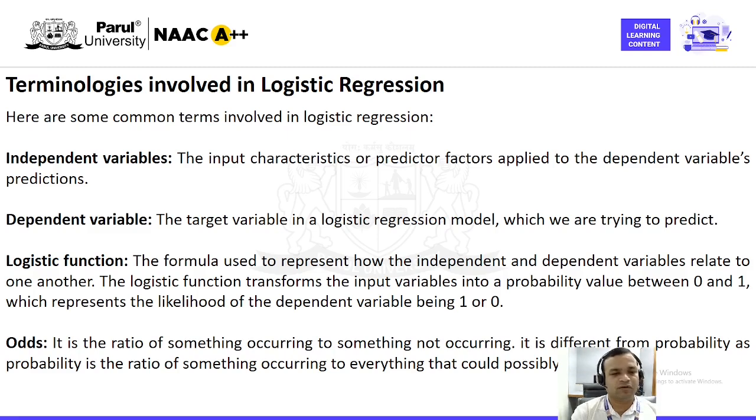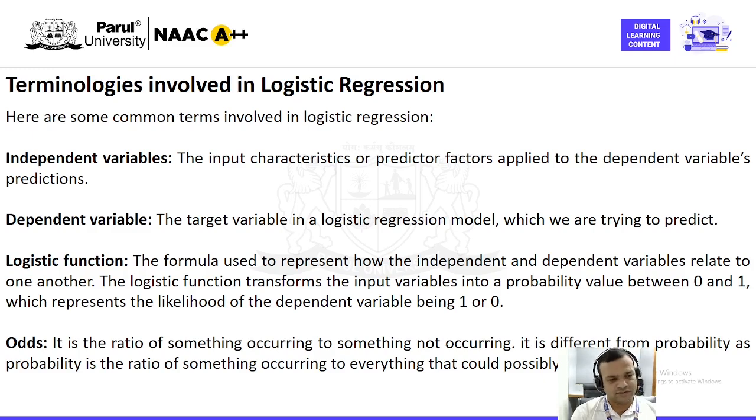Logistic function: the formula used to represent how the independent and dependent variables are related to one another. The logistic function transforms the input variable into a probability value between 0 and 1, which represents the likelihood of the dependent variable being 1 or 0.